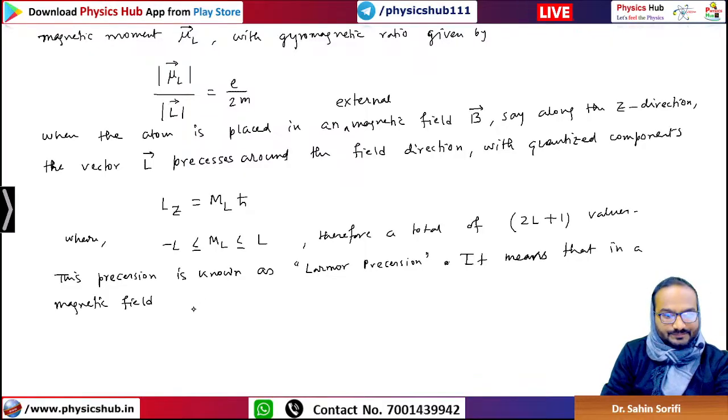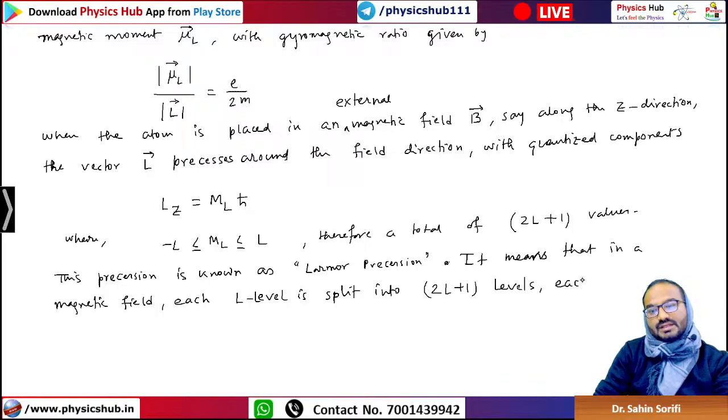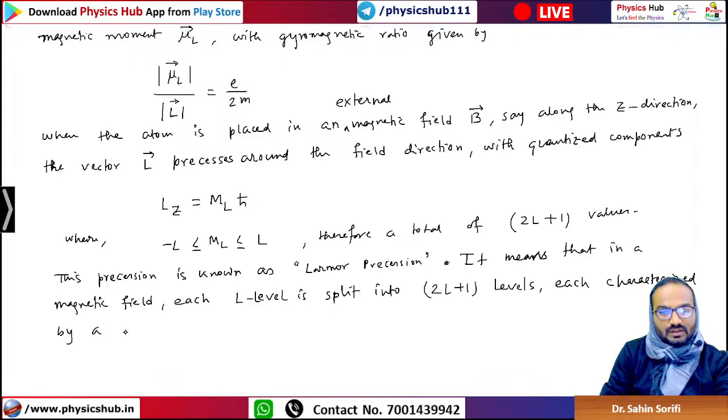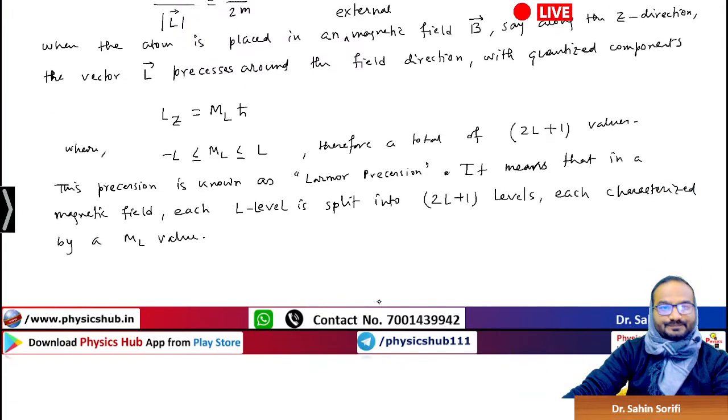In a magnetic field, each L level is split into 2l plus 1 levels, each characterized by an ml value. Okay.